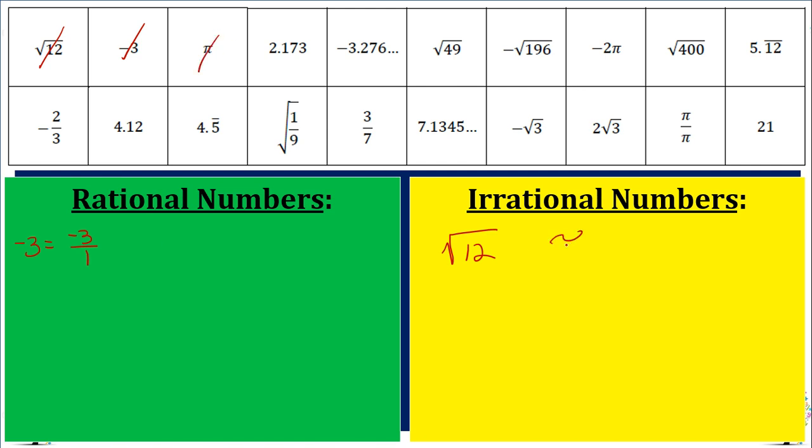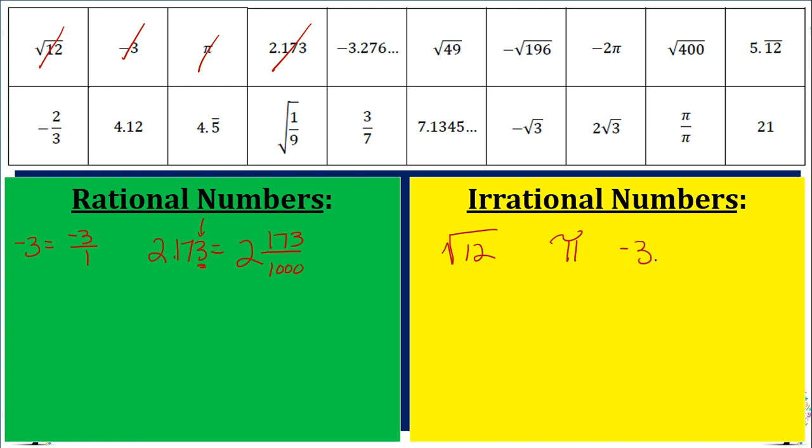Pi is a non-terminating, non-repeating value that goes on and on and on, so it's irrational. 2.173 is the same as 2 and 173 thousandths. So it ends in the thousandth position here, and this is a ratio, a fraction, so it's rational.